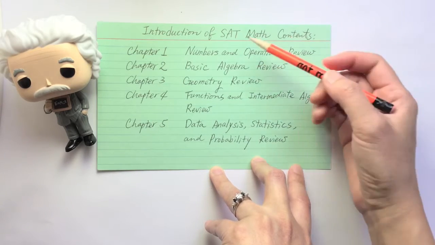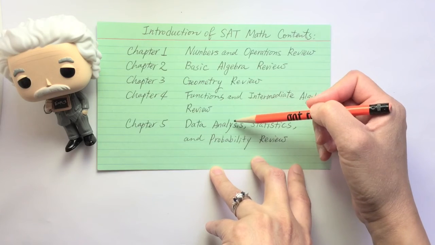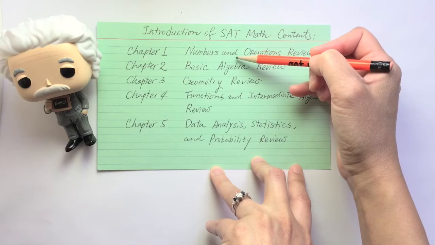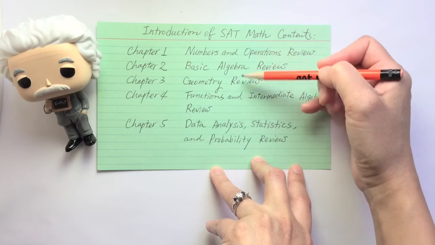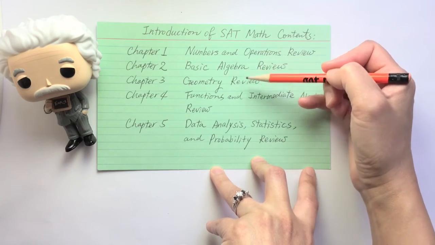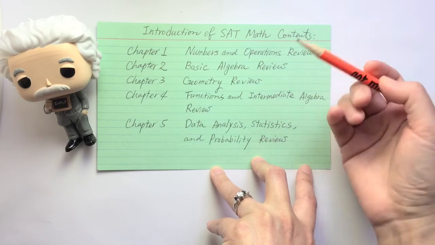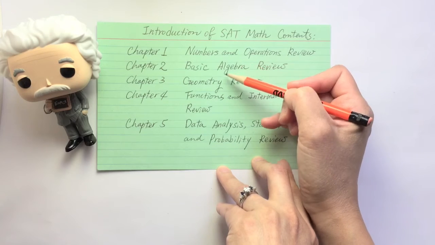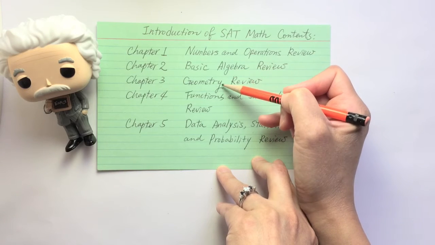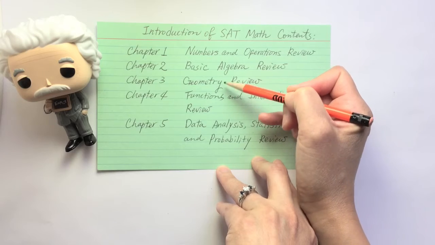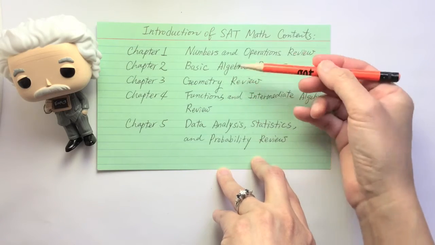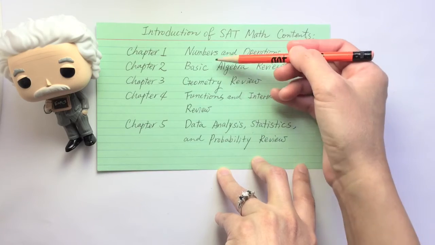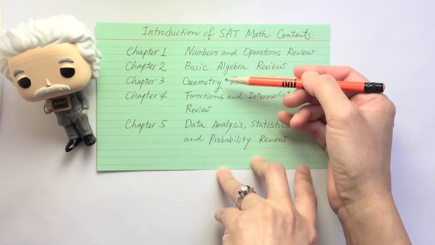For example, in chapter 5, the data analysis, statistics, and probability are going to use the numbers and operations or some algebra concepts. Also in the geometry chapter, you might need to use some algebra to do the XY coordinate math problems. Okay, so they are all entwined with each other, and there are relationships and connections in between.